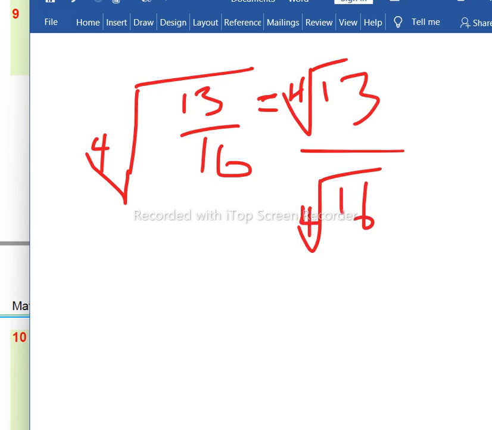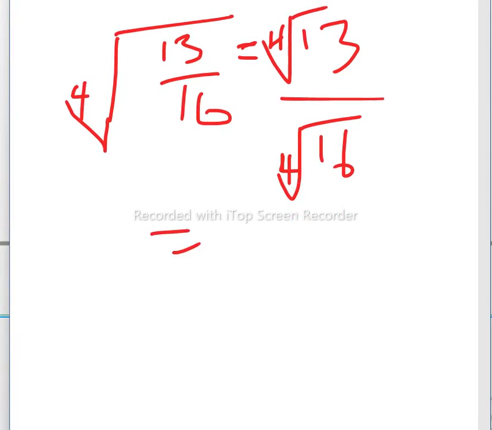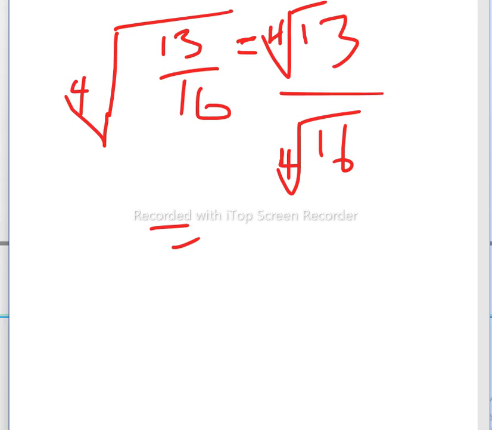The 4th root of 16 is 2, because 16 is 2 to the power of 4, so 2 to the power of 4 times 1 over 4, which is 2.